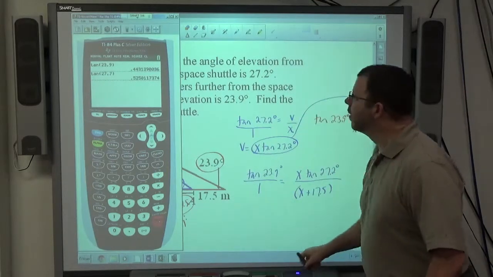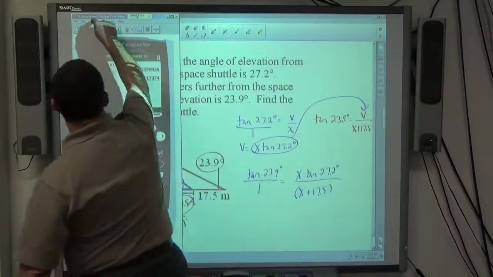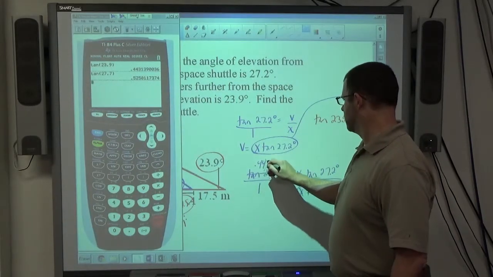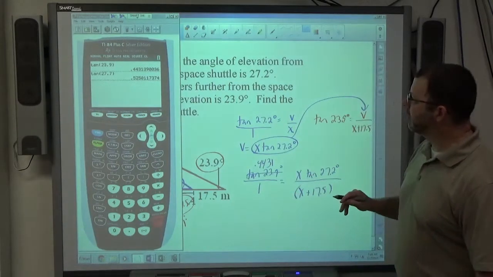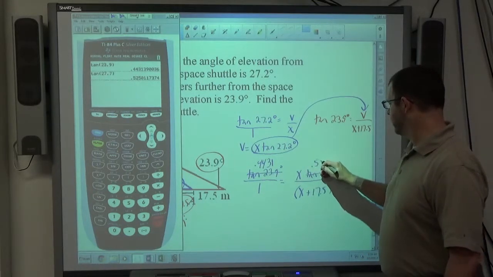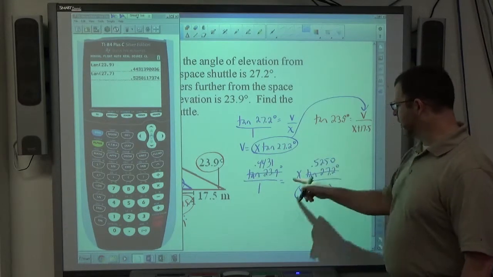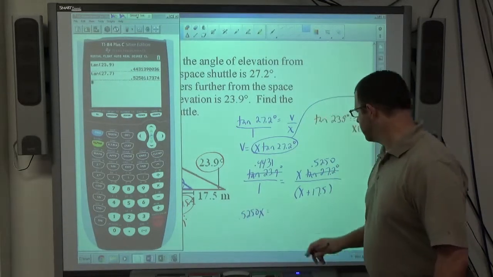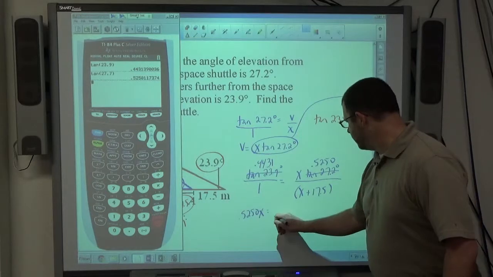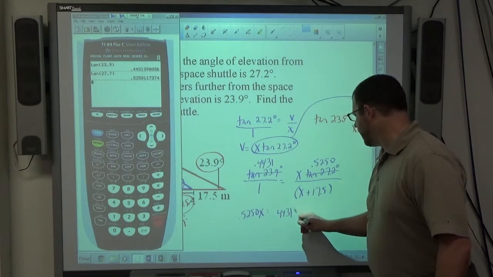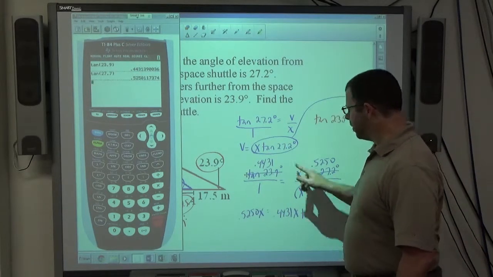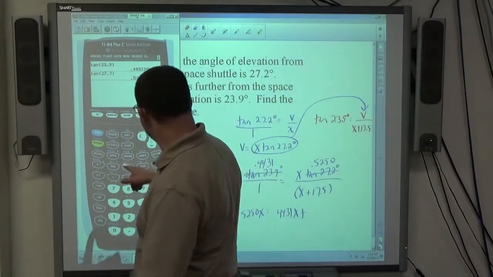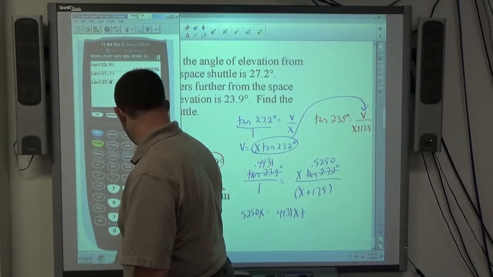So we got 0.4431 for that, and we've got 0.5250 for this. If I cross multiply, 0.5250x is equal to 0.4431x plus 17.5 times tangent 27.2.